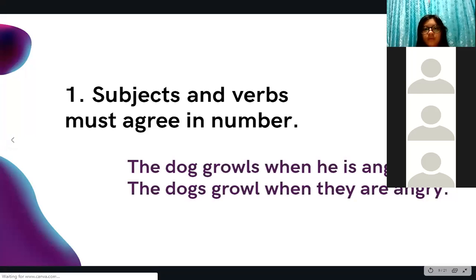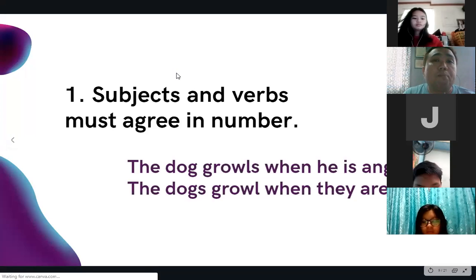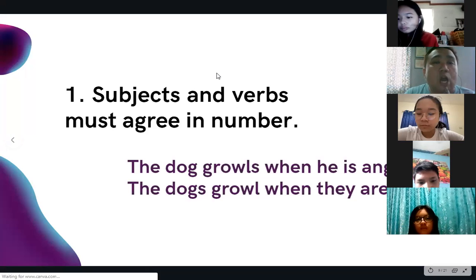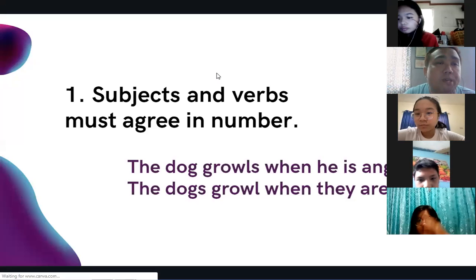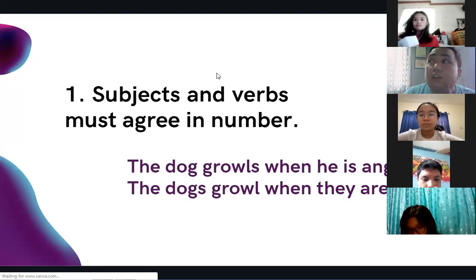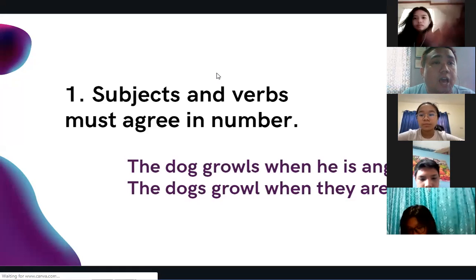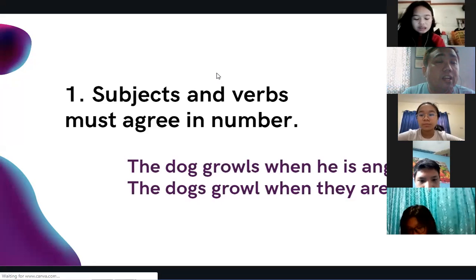Any volunteer? How do we form the plural form of a noun? What do we do to make the noun plural? PB, do you know? How do we make a noun plural? Or paano nagiging plural ang isang noun? PB. How? By?